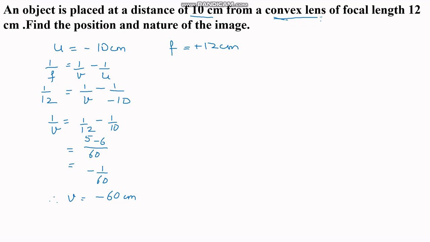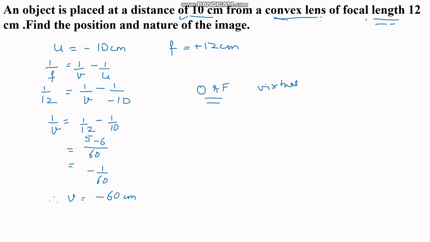Now over here, after doing these calculations, you can even think and verify like this. The convex lens is of focal length how much? 12 centimeters. And the object is placed at 10 centimeters. That means the object is placed between where? Between the optical center and the focus. Since the object is placed between the optical center and the focus, obviously the image formed will be virtual.